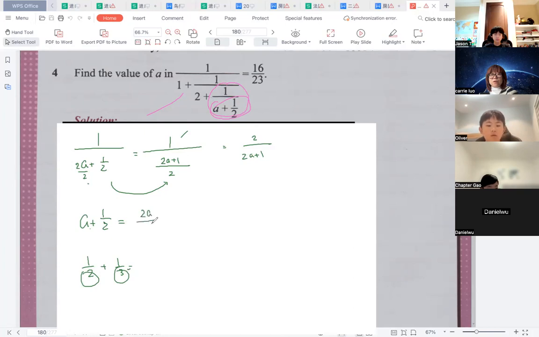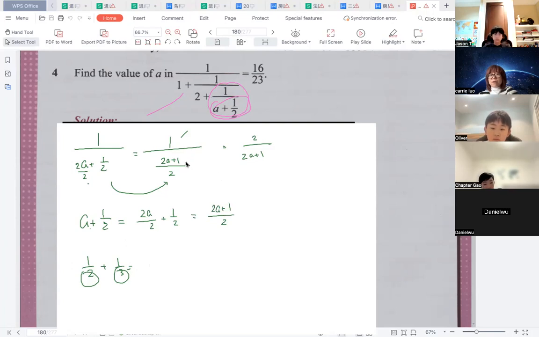It's 2A over 2 plus 1 over 2. Get it? So 2A over 2 equals A, and 1 over 2. So that's why this one equals 2A plus 1 over 2. Get it?